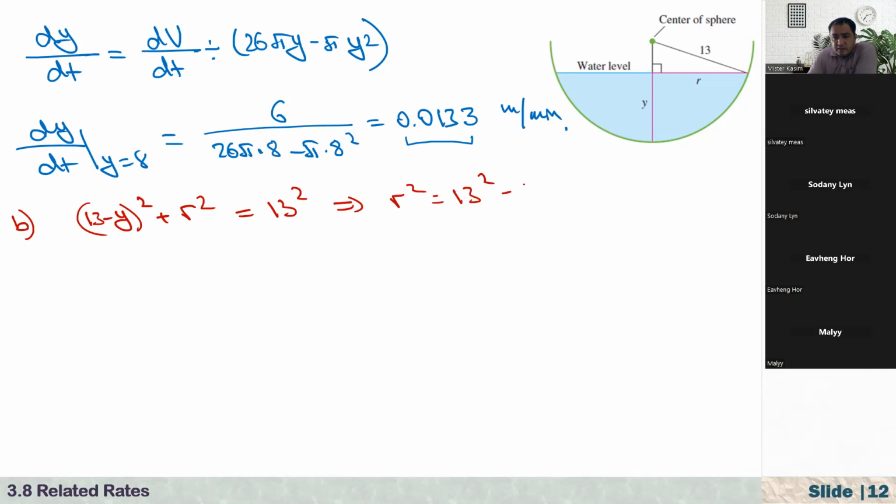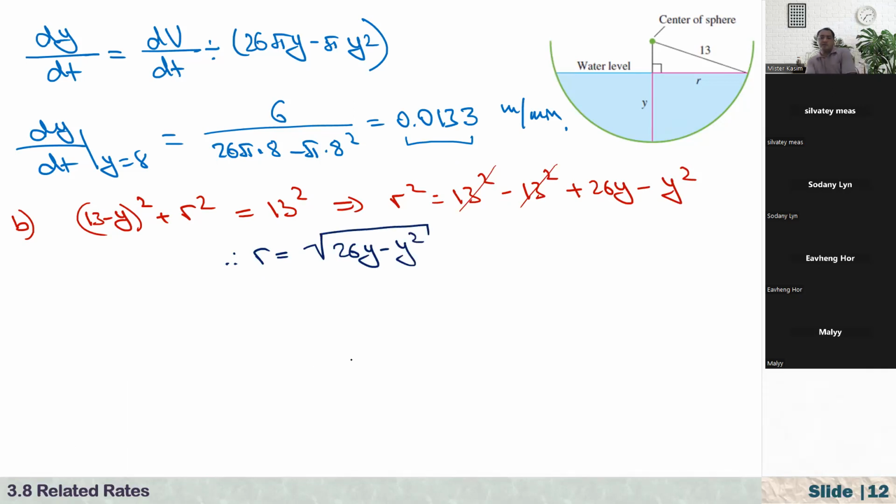If you expand this, that's equal to 13 squared minus 13 squared plus 26y minus y squared. So these two cancel each other. Now from here we can find r. So the radius of the surface of the water is r equal to the square root of 26y minus y squared. Okay, so that is the radius of the surface of the water.